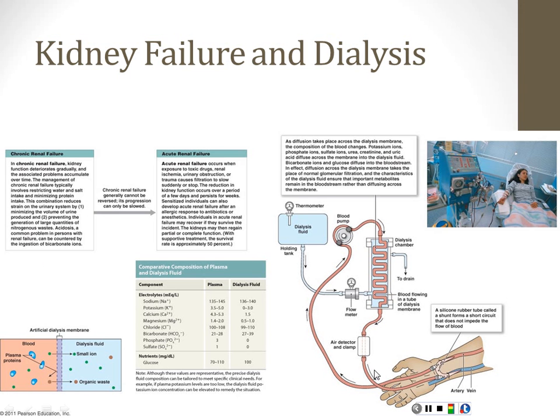Now, another option that we use, particularly in children, is something called peritoneal dialysis. This is where we don't use a machine to move blood around. Instead, we use the patient's peritoneum, their abdominal cavity, as a dialysis chamber. So essentially, in peritoneal dialysis, we take this dialysis fluid and we put it into their abdominal cavity.